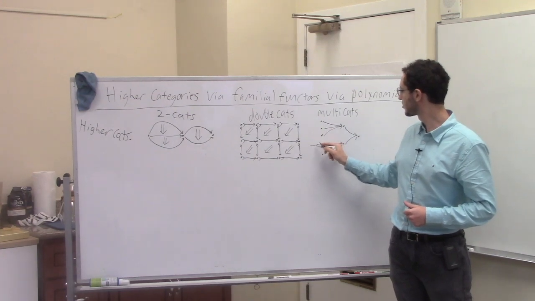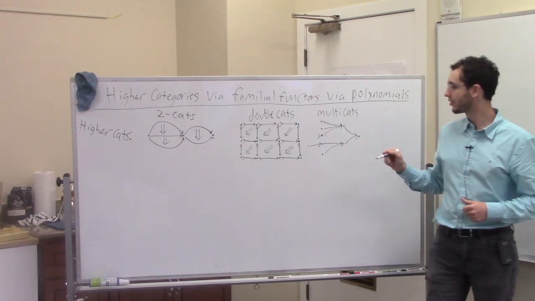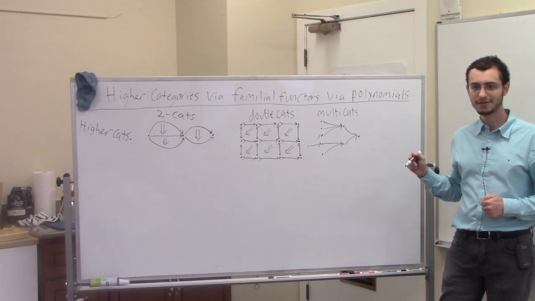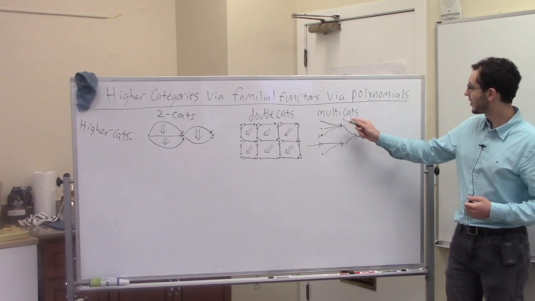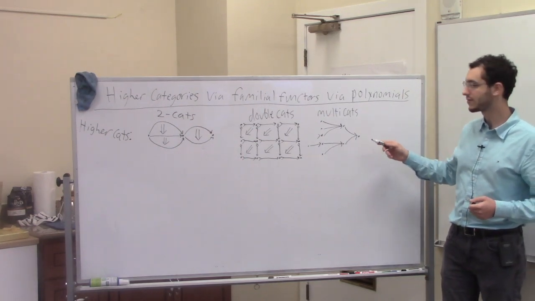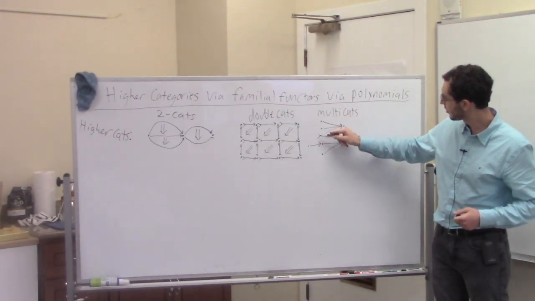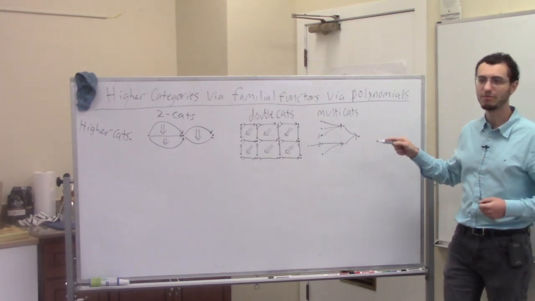You could also just as well have 1-to-1 arrows, like in categories, or even 0-to-1 arrows, which you want to think of as constants. And we have composition of these things too. If we had a diagram like this and we wanted to compose it, any tree of this form would compose into a 1, 2, that's 0, 3, 4-to-1 arrow in a multi-category.